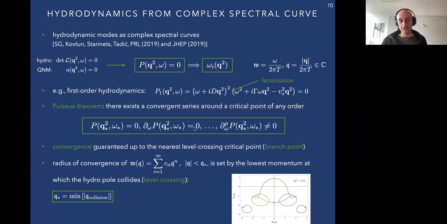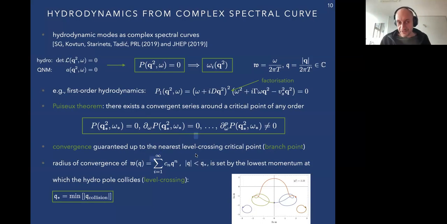So this is a critical point of order p. The Puiseux theorem tells you that there are p branches of solutions. There can be special cases where you have some simplifications, but in general, in the cases that I'll be looking at, you have p branches of solutions around such a critical point, okay?